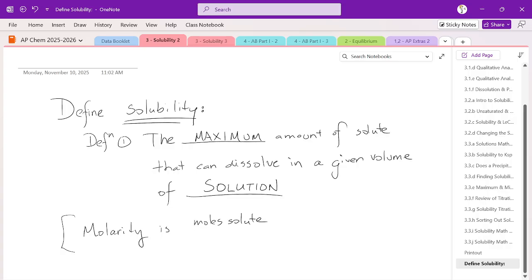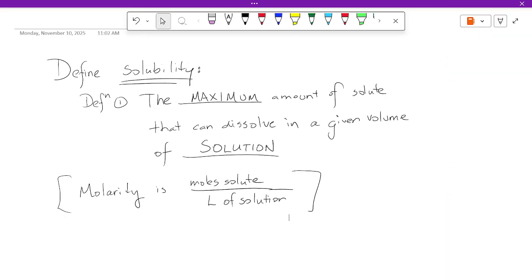Solute divided by liters of solution. Yes? So it is the maximum amount of solute that can dissolve in a given volume of solution, because that's why we have that solution there. So that's one definition.